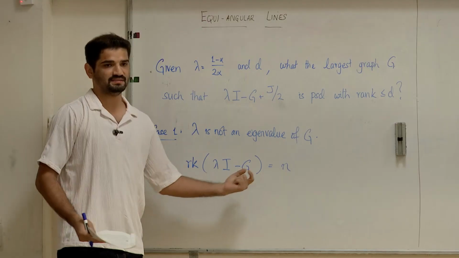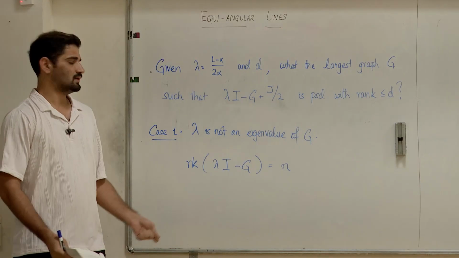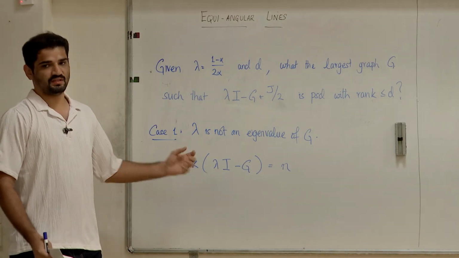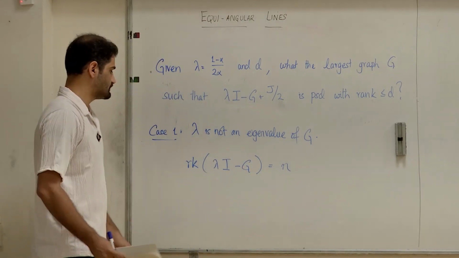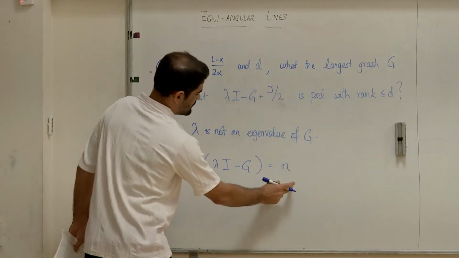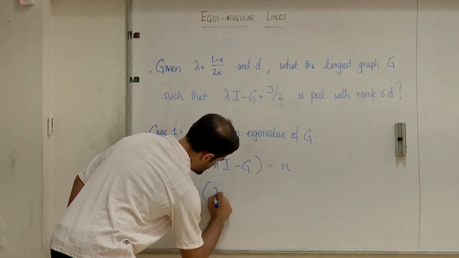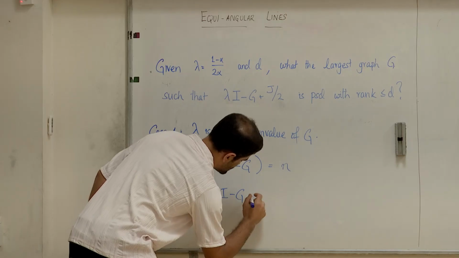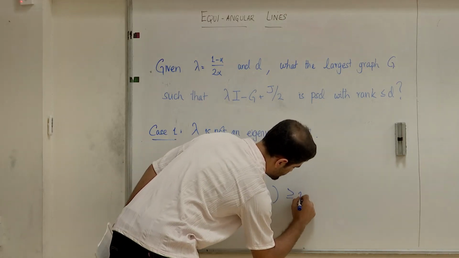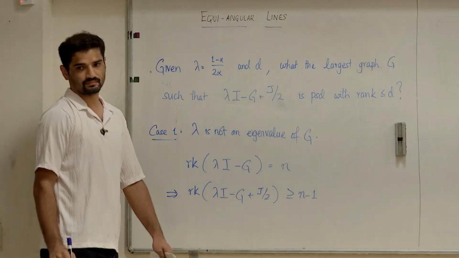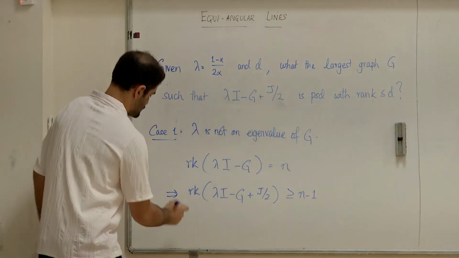This is a full rank matrix. If it was not a full rank matrix, there'd be something that would vanish, which would mean we would have an eigenvector, which would mean lambda is an eigenvalue. So the fact that lambda is not an eigenvalue tells me that this is full rank. This is a full rank matrix, this is a rank 1 matrix, so I can conclude that the rank of lambda I minus G plus J over 2 is greater than or equal to n minus 1.